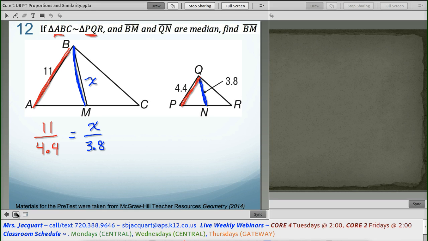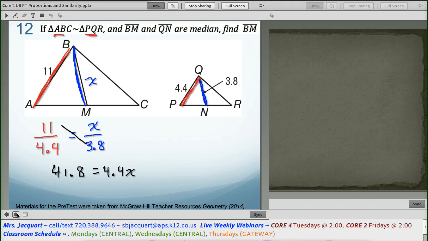All right, cross multiply. 3.8x equals, oh, I totally lied on that one. So let's do 11 times 3.8. 41.8 equals 4.4x.